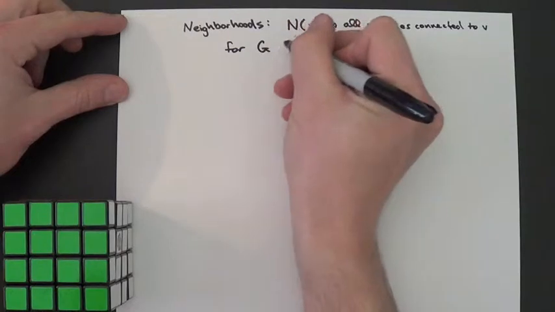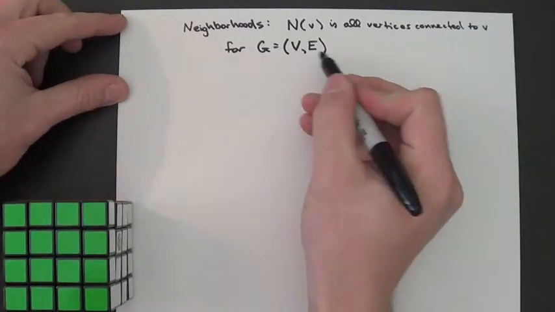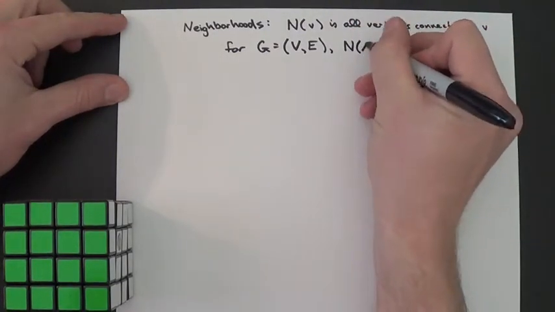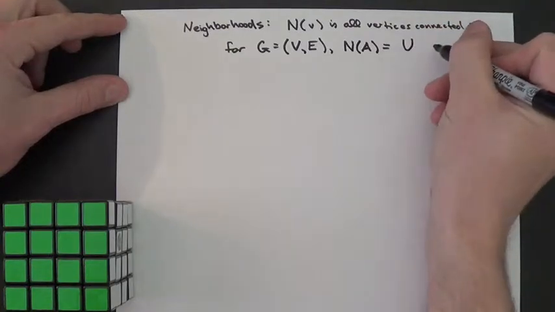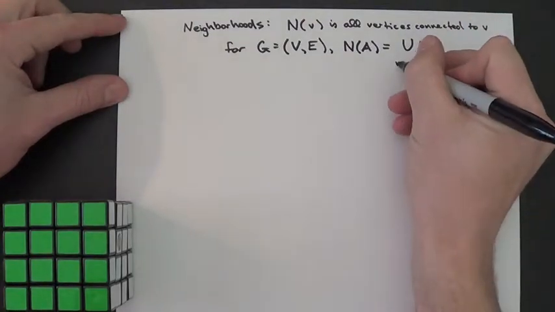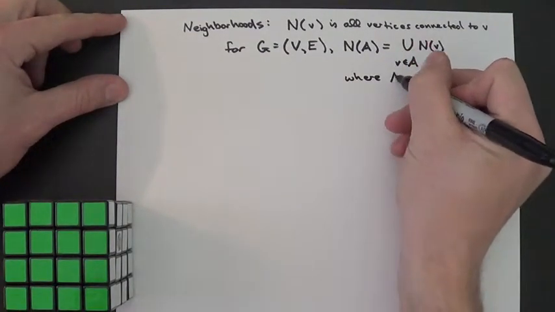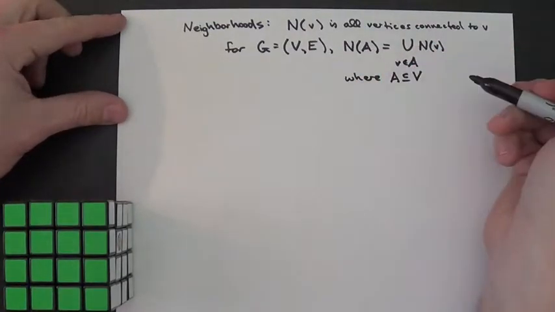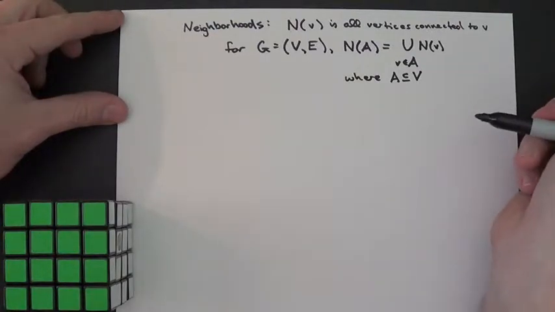For the graph G equals V, E, so again, set of all vertices in the graph and set of all edges in the graph, the neighborhood of some set A is just going to be the union of all the neighborhoods of vertices for each vertex in the set A, where A is some subset of V. Of course, the neighborhood of big V itself would be the entire set of vertices. It would be big V.